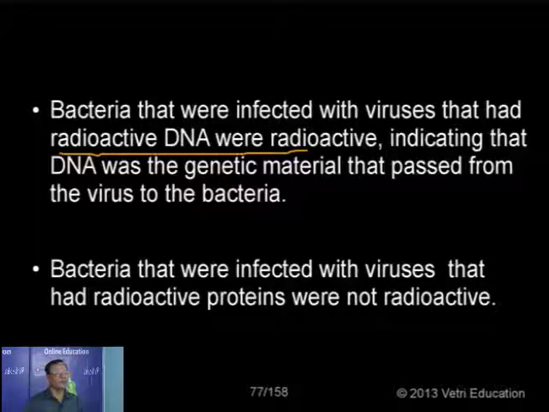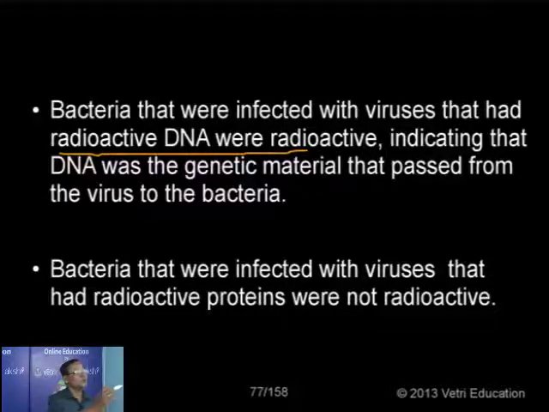The meaning of that is the protein coat never entered the bacterial cell, never integrated with the DNA, and never replicates along with the DNA. That is why these cells are not radioactive, and those bacterial cells infected with the viruses which had radioactive DNA became radioactive because of the entry of DNA, and those bacteria infected with the viruses which had radioactive protein will not be radioactive.